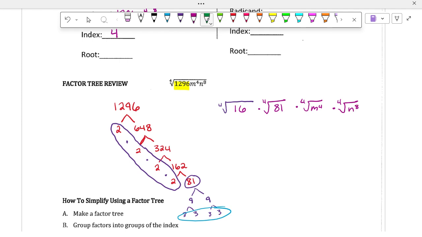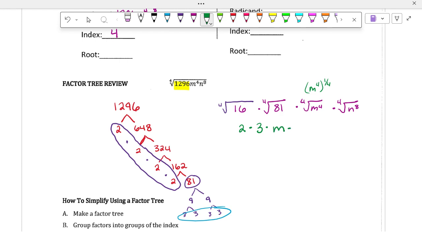And then we just need to simplify. So we know the fourth root of 16 is 2. Fourth root of 81 is 3. If we change this to be m to the fourth times 1/4 multiplied together, that would just give us 1. So that would be m to the first, or you could just divide 4 by 4.